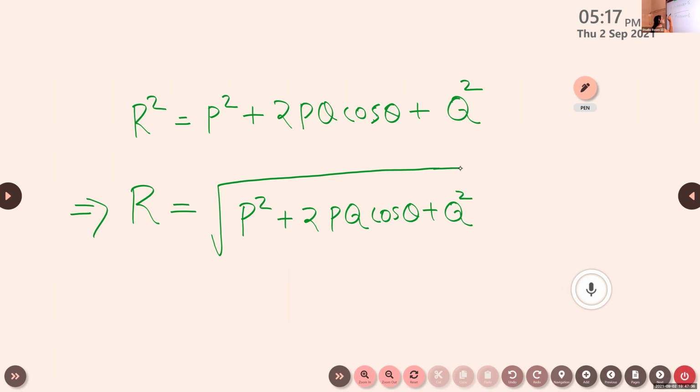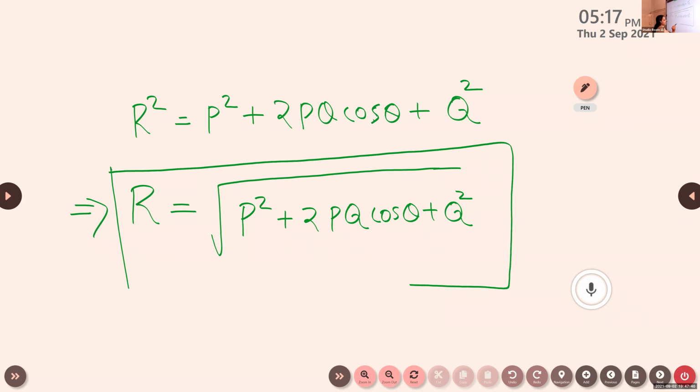So this is the final equation, the magnitude of the resultant vector R using the analytical method. This equation is very, very important. We need this equation for doing the calculations and numericals.